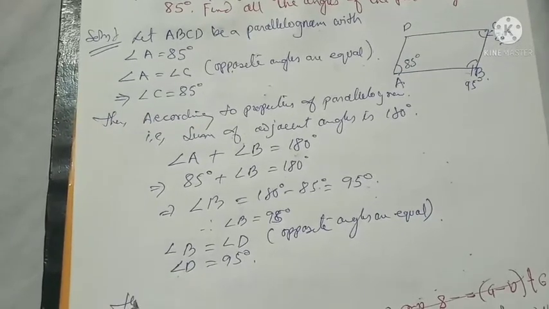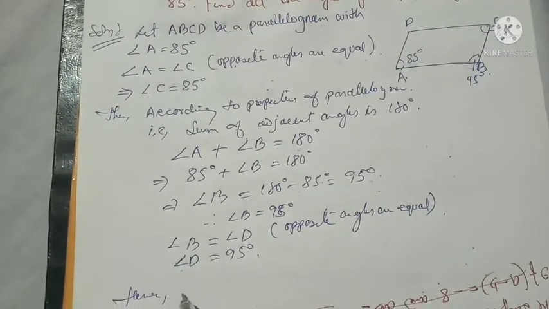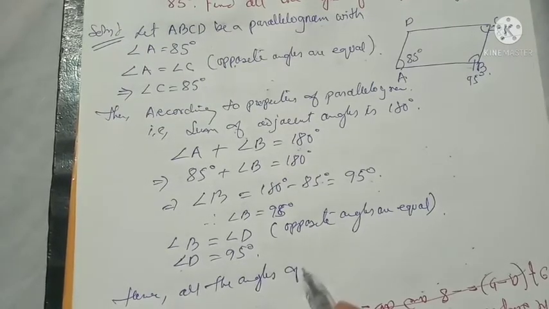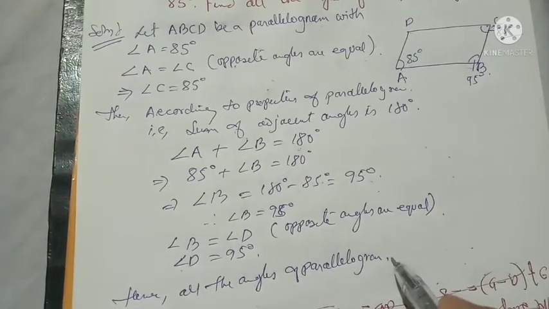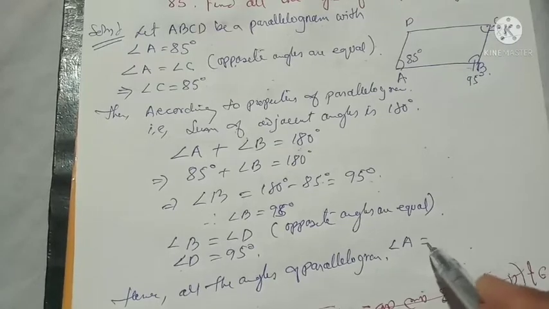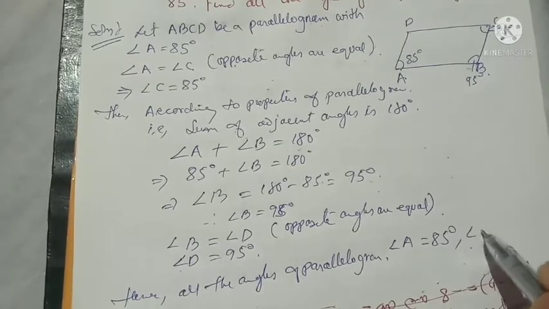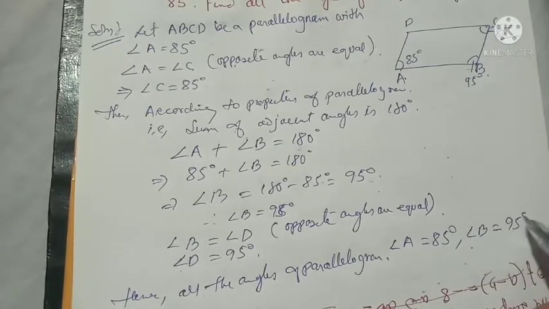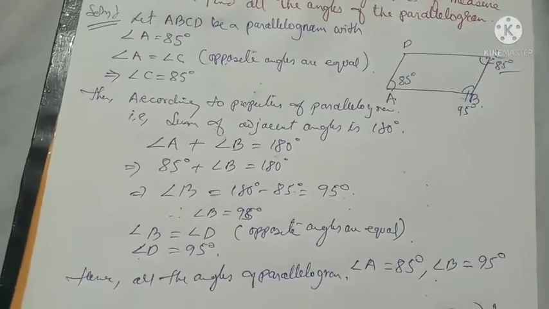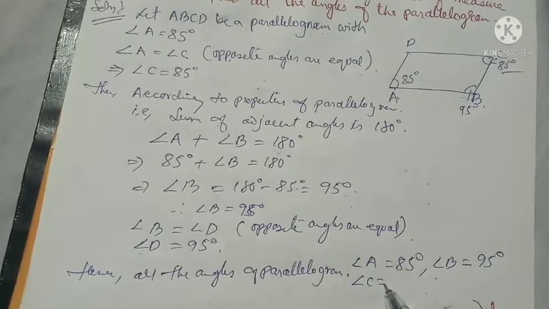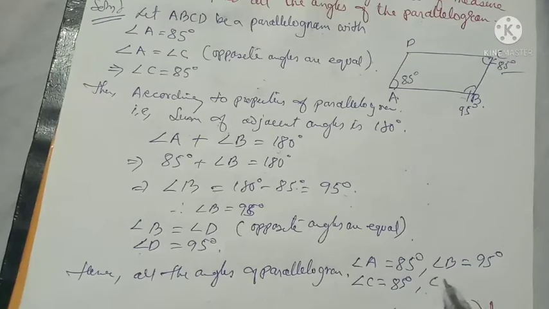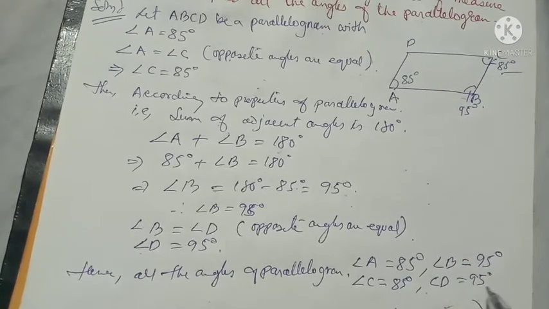Hence, all the angles of the parallelogram are: angle A equal to 85 degree, angle B equal to 95 degree, angle C equal to 85 degree, and angle D is equal to 95 degree. These are the four angles.